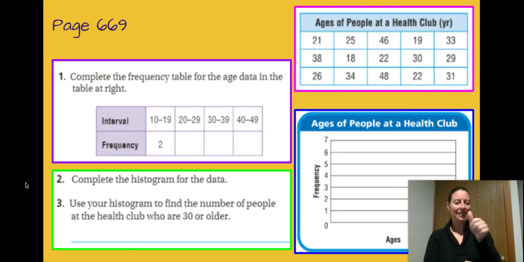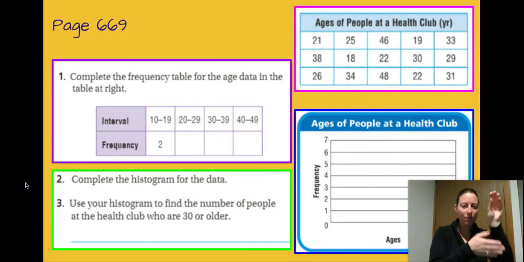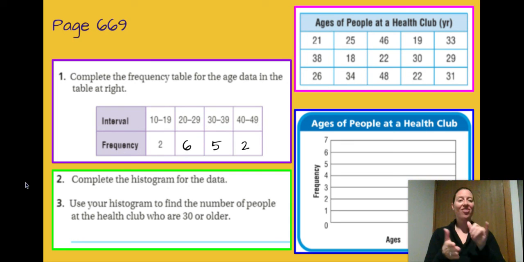So refer back to the chart, cross off all the people between 10 and 19, add them up, put them in the frequency column. Then go to 20 to 29. How many people between those ages? Cross them off, count them up, put them in the frequency column. Continue doing that for the rest of the ages. Then use that information to make your histogram.